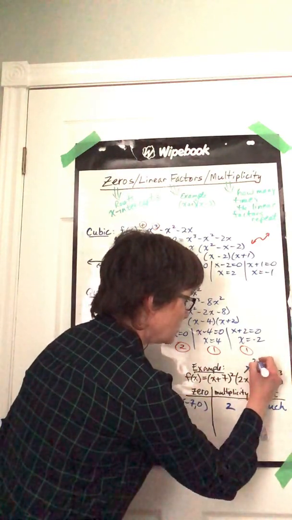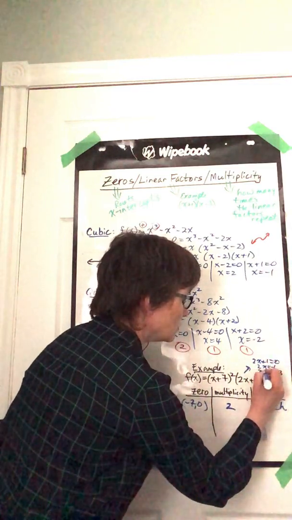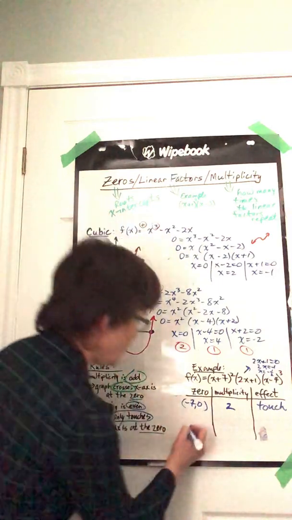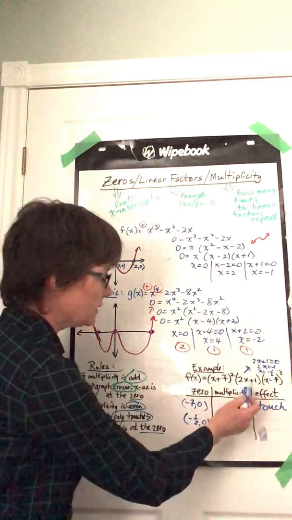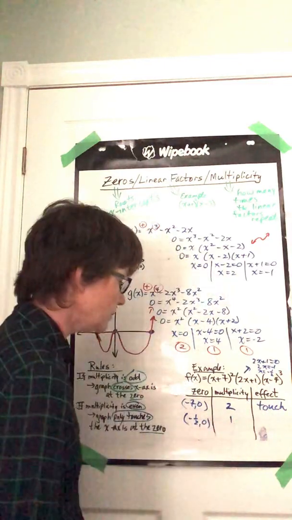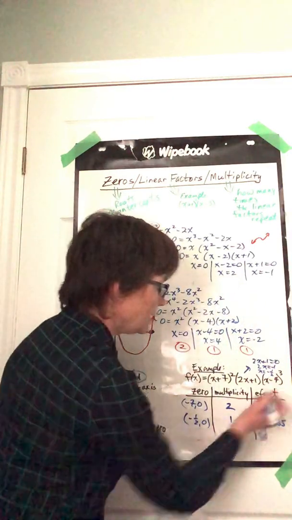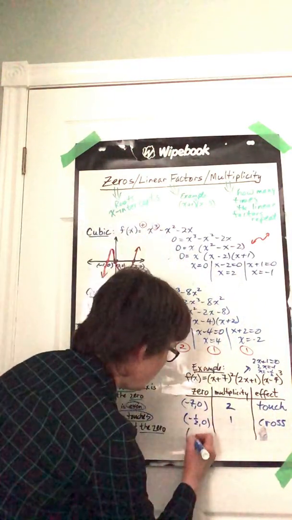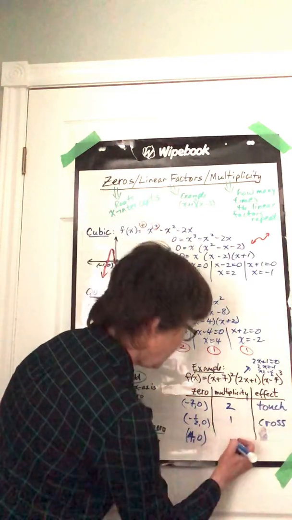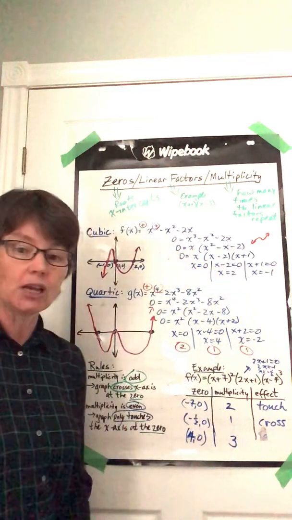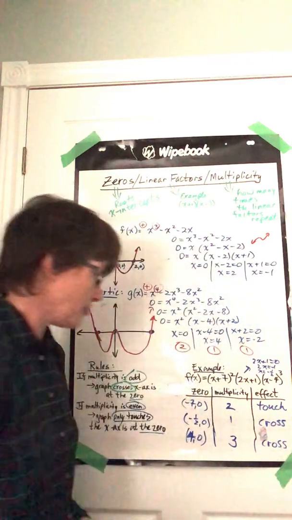If you want to see that, 2x equals negative 1, x equals negative 1/2. Okay, so (-1/2, 0) is another x-intercept, and the multiplicity of that is only 1, which means we're going to cross the x-axis. Okay, and the last one, x minus 4 could be 0, which means we have this x-intercept (4, 0), and the multiplicity on that is 3, which is odd as well, which means it also crosses at that point.